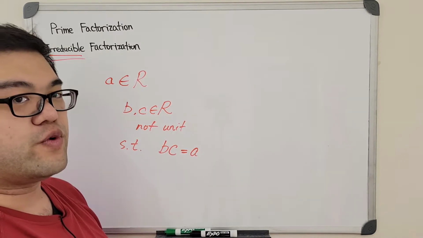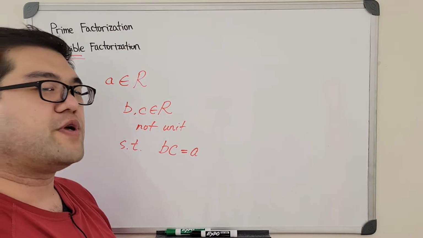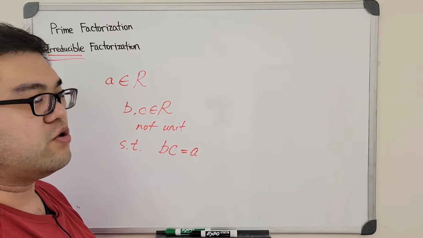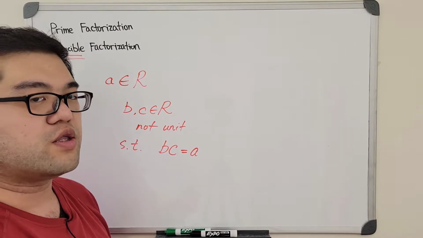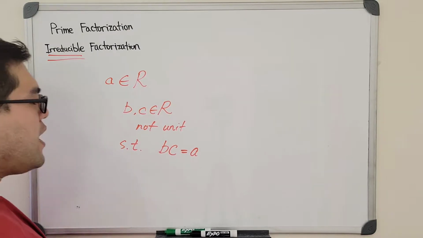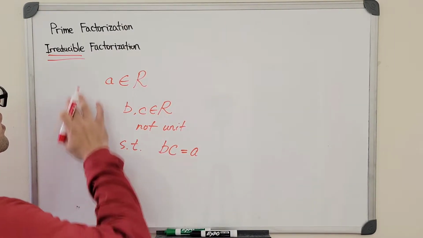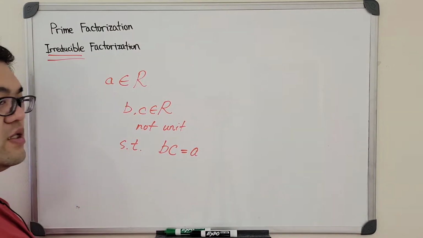Let's say 1 and 3. 3 minus 1 will give us 2, but 1 minus 3 will give us -2. Those two do not end up with the same result, so we call this operation not commutative. Anyway, this is the definition of what an irreducible element means.